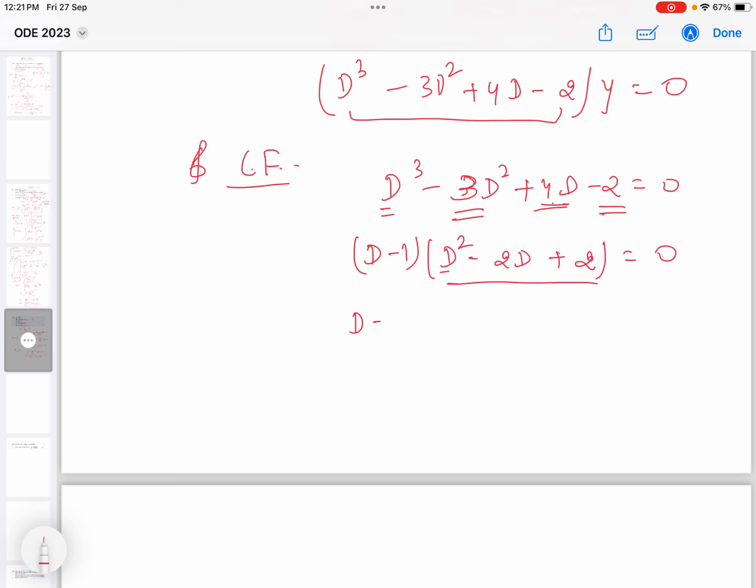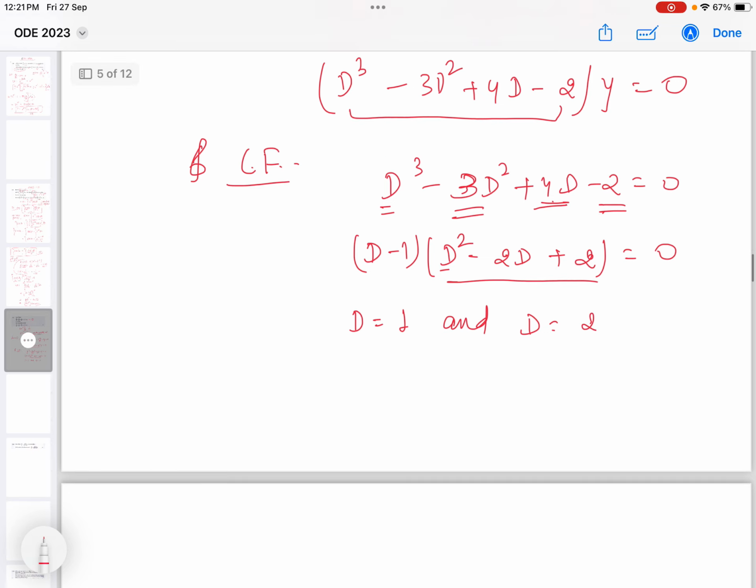Solutions are D equals 1 and D equals minus b plus minus root of b square minus 4ac by 2a.